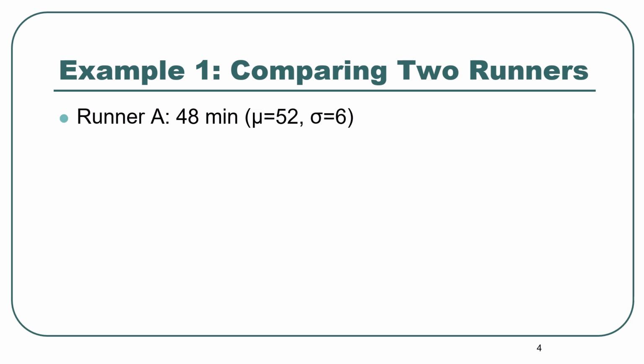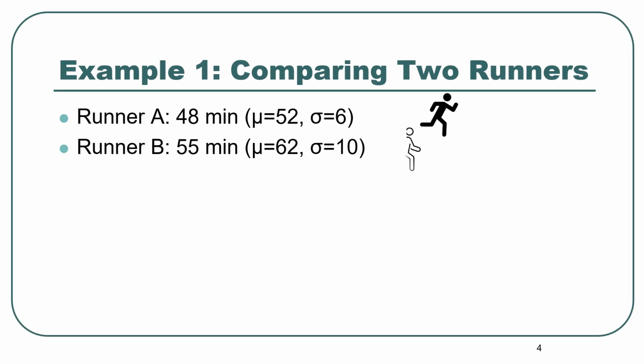Two runners complete a race of 10K. Runner A finishes in 48 minutes, with mean 52 and sigma 6, while runner B finishes the 10K race in 55 minutes, with mean 62 and sigma 10. We would like to compare these two runners together: which one was faster, given that each one comes from a different population.